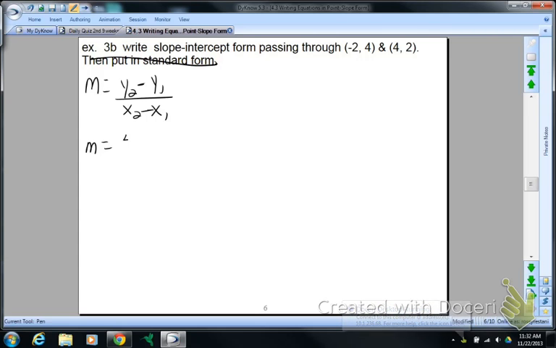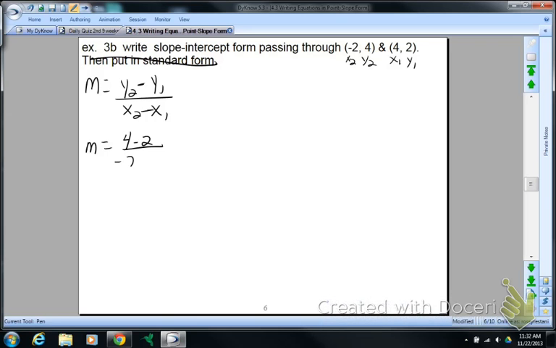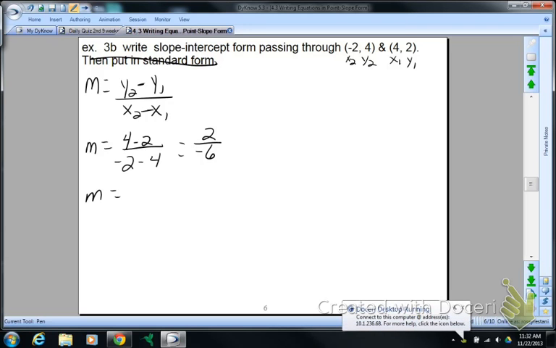So my y2 is 4 minus 2, because I give the first point x2, y2. And then -2 minus 4. So 4 minus 2 is 2, over 2 minus 4 is -6. So what is my slope going to be? -1/3. Does everyone agree with that?